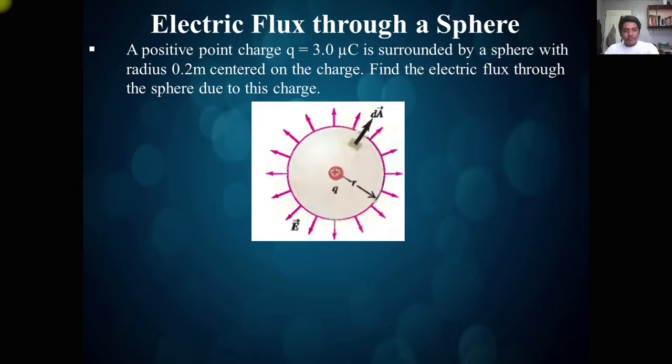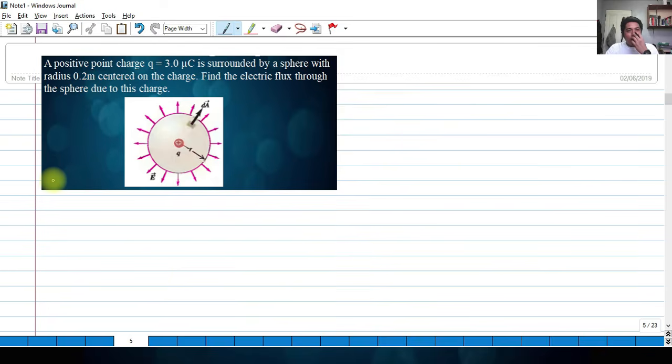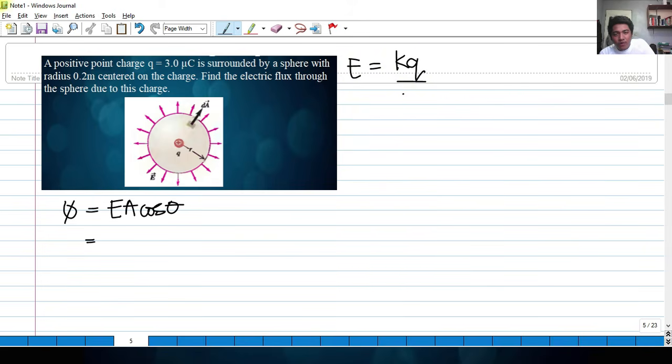So how do we compute the electric flux through the sphere due to this charge? Our formula is still the same: EA cosine theta. The electric field is not given, but if you wish to recall, the electric field produced by a single point charge is kQ over r squared.